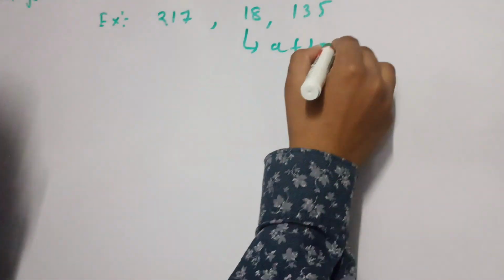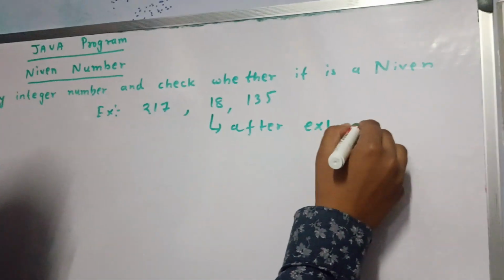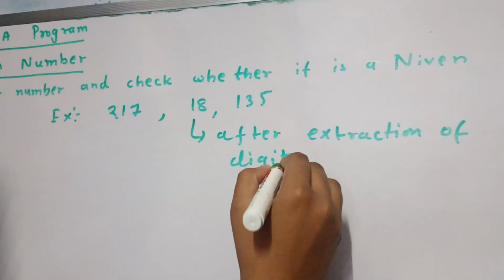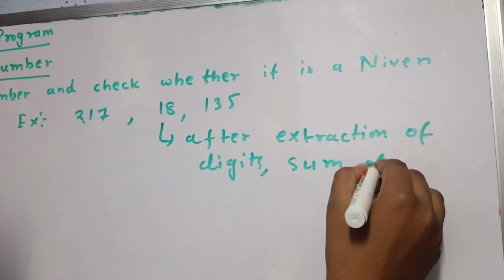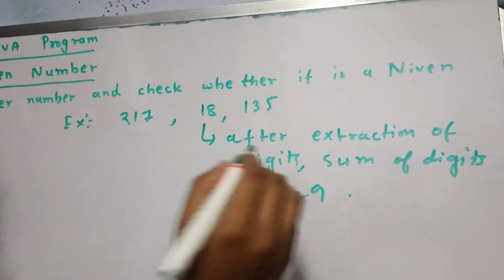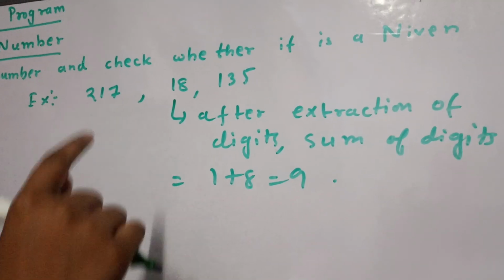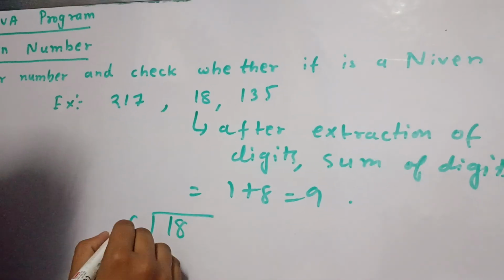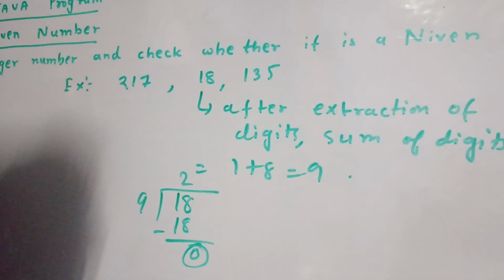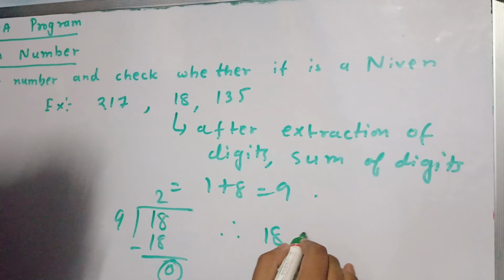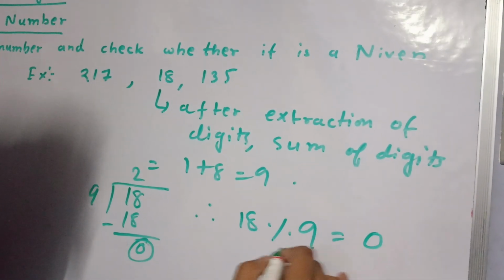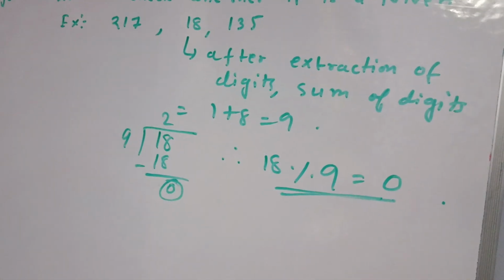Now you see this one, 18. After extraction of digits, the sum of digits equals 1 plus 8 equals 9. Now if you divide 18 by 9, you are getting 2, so your remainder is 0. Therefore 18 mod 9 equals 0.